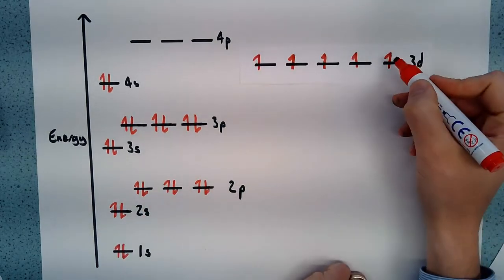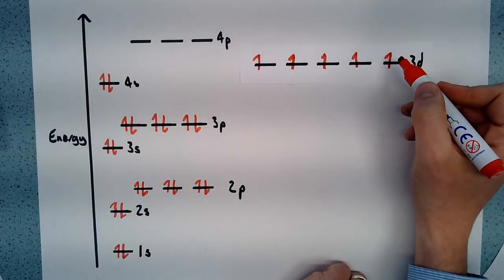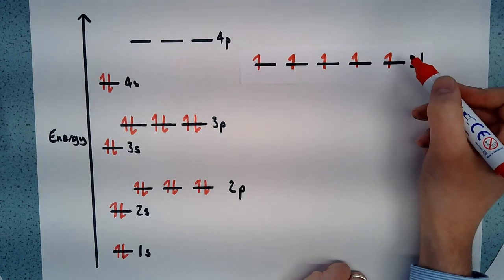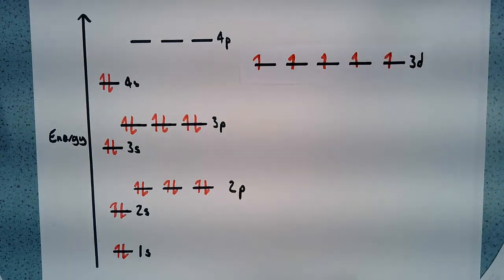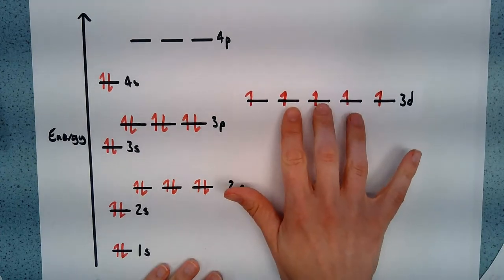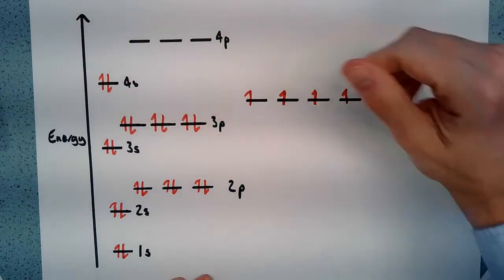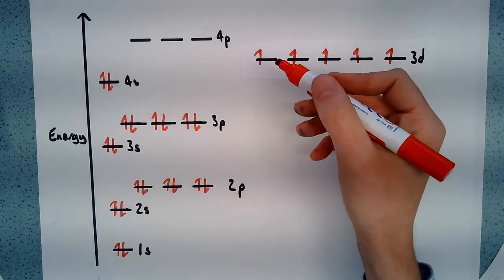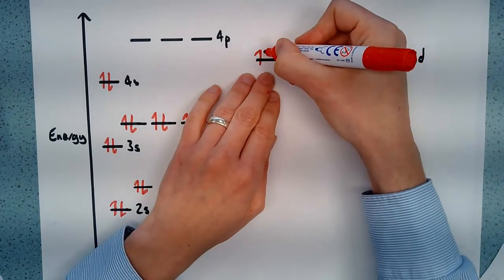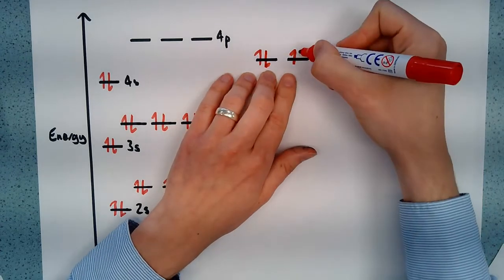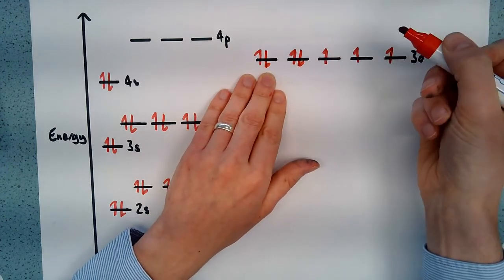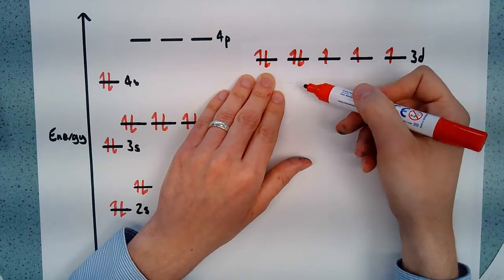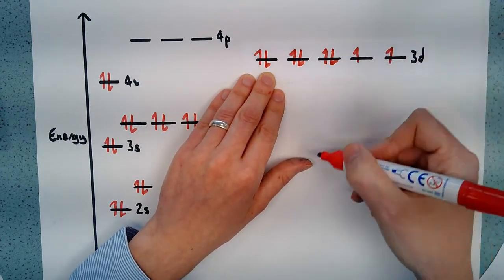So we get to manganese, which has 5 electrons in its d shell, and then again that would drop down like that, so the 4s is removed first. But when we get to the next one, iron, we've now got 6, so we start to pair up like that. Okay, so iron, and then cobalt, nickel, etc.